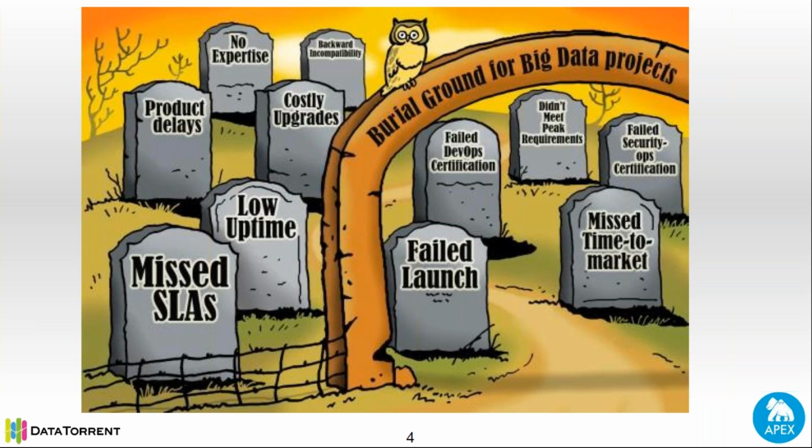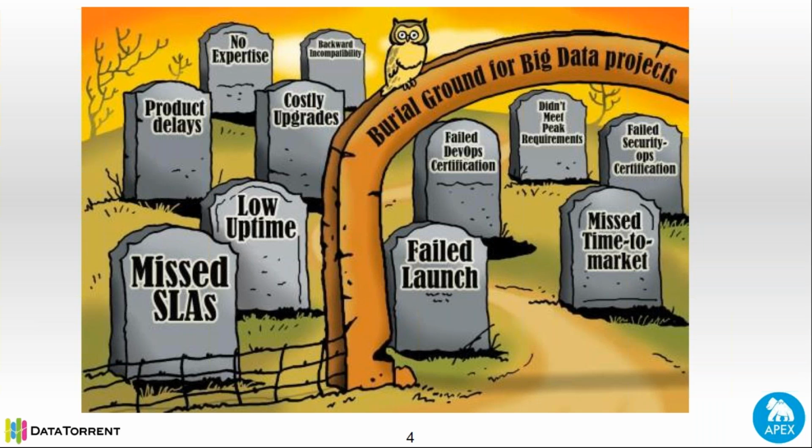When we talk about big data projects, generally what we observe is that many of the projects reach the POC stage, and very few of them actually go to production. The reason behind that could be that there is not enough expertise within the team to handle the scale of big data, or the platform itself is not maintaining backward compatibility.